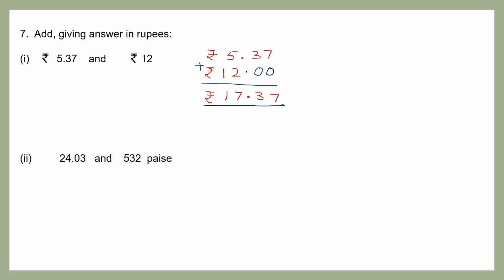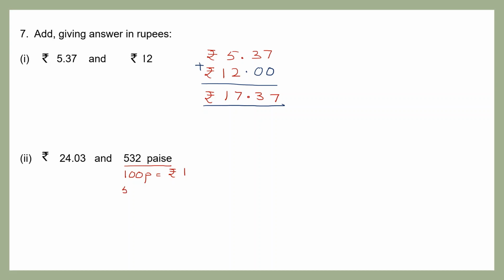Question 2. Add up these numbers. 24 rupees 3 paise and 532 paise. So now one is in rupees and one is in paise. So let's convert both into rupees. And you know how to convert this into rupees, isn't it? We just did. So let's try this. 532 paise converted into rupees. How many paise make a rupee? 100 paise make 1 rupee.